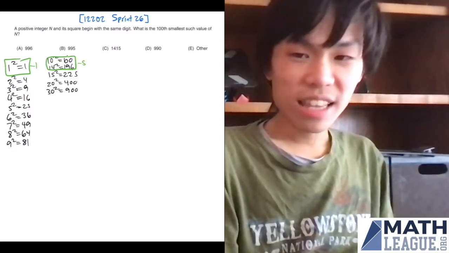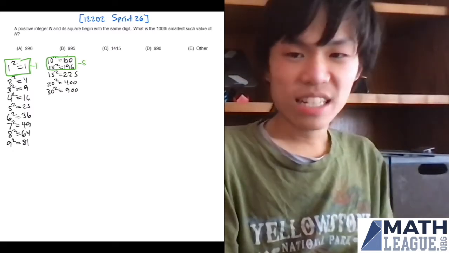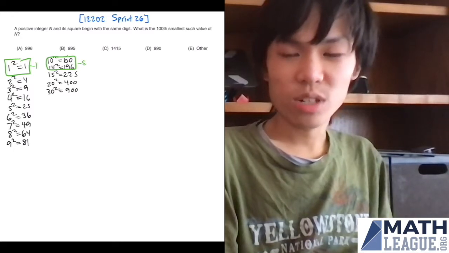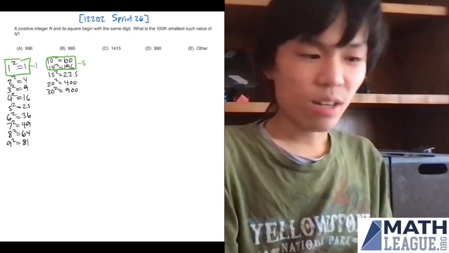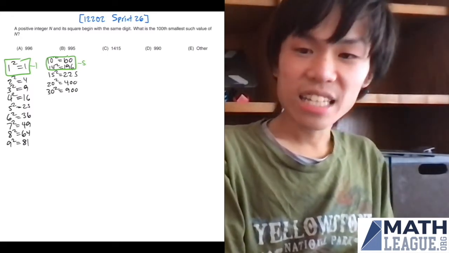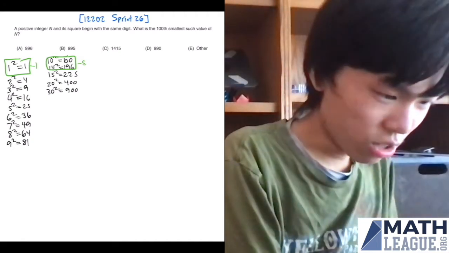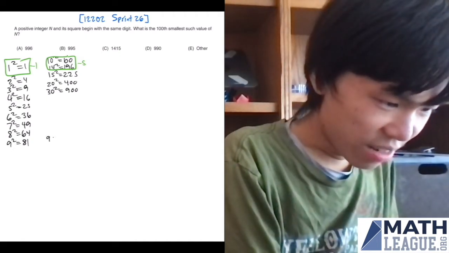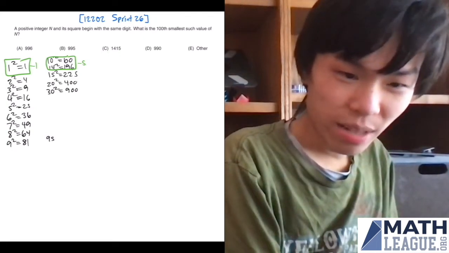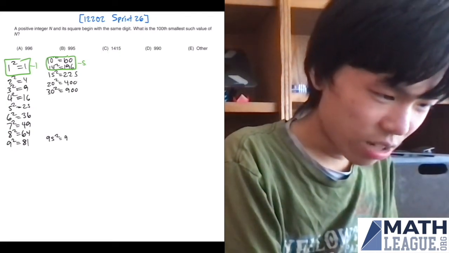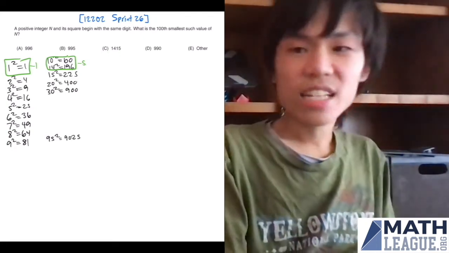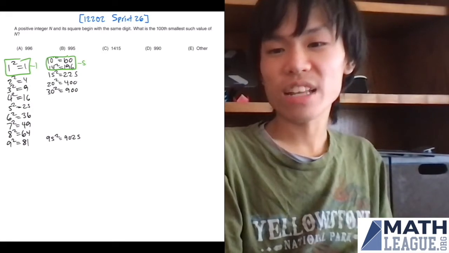So now the 90s, because 90 squared is 8,100, and 100 squared is 10,000. So there may be a 90s number that when you square it, the first digit is going to be a 9. 95, I'm going to check that because it's right in the middle. That square is 9,025. That is just barely over 9,000.